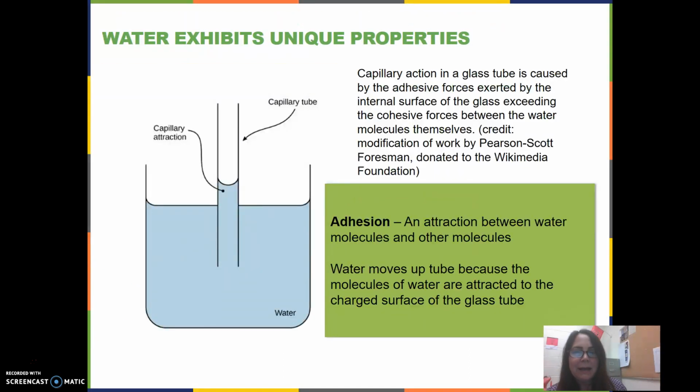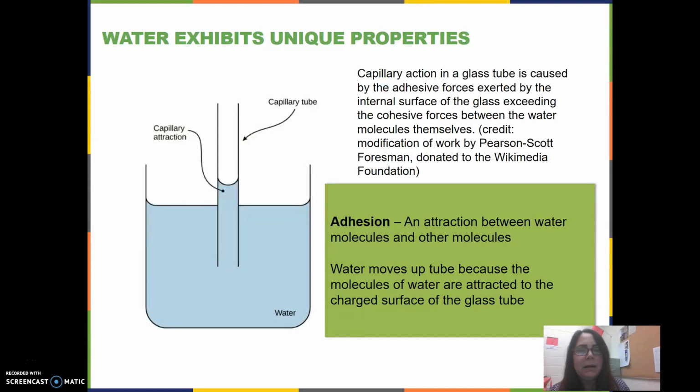And capillary action, we see this in the vascular tissue of plants, where water is drawn up a tree from the roots all the way to the very top branches and leaves, and that happens by capillary action.